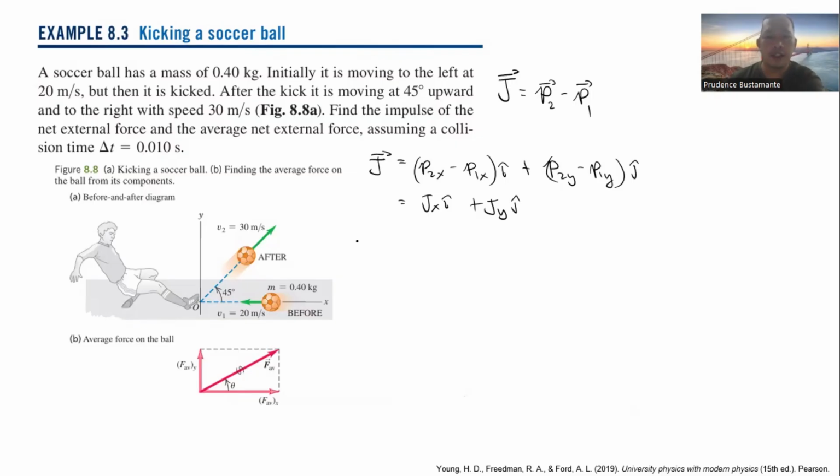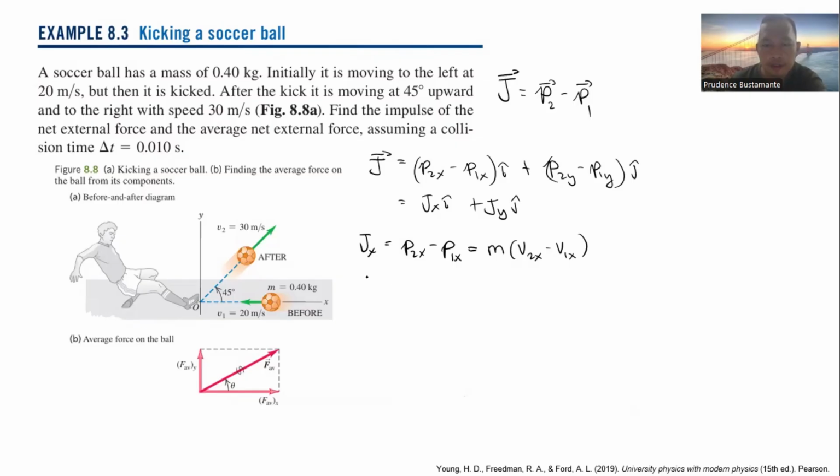Let's just assume that. In the x component, Jx is equal to p2x minus p1x, which is equal to m times (v2x minus v1x).